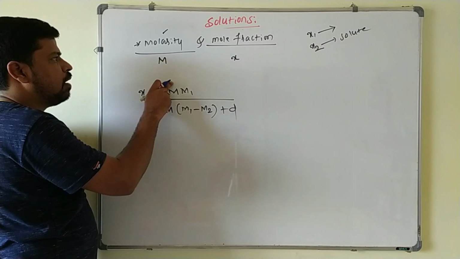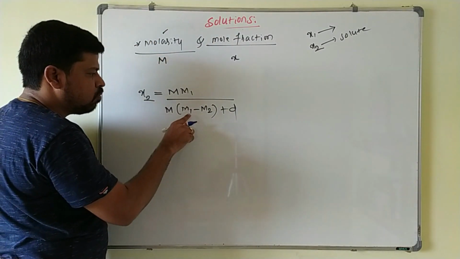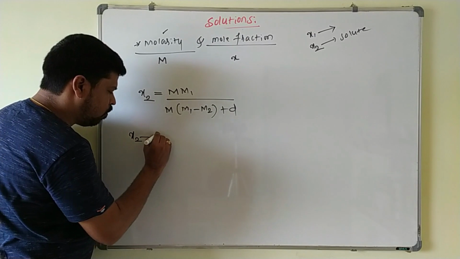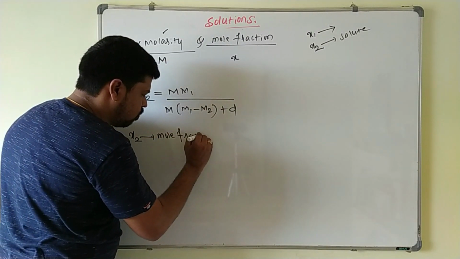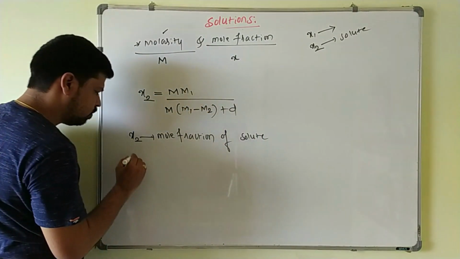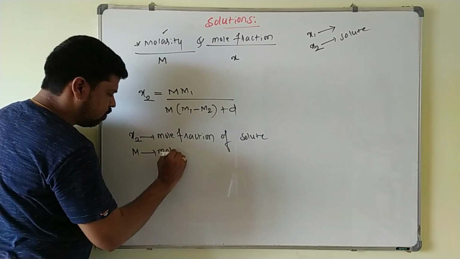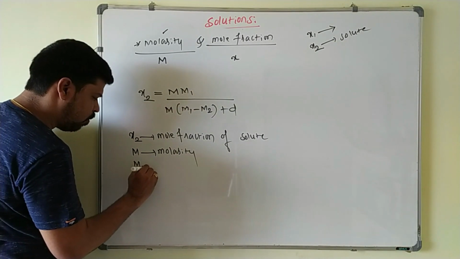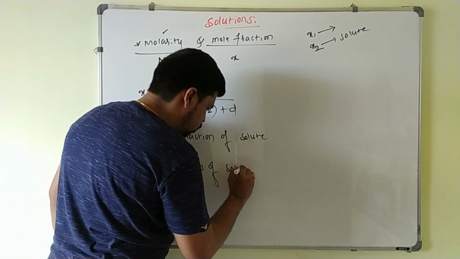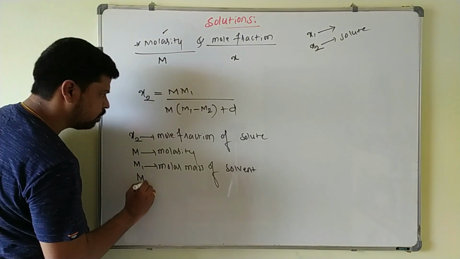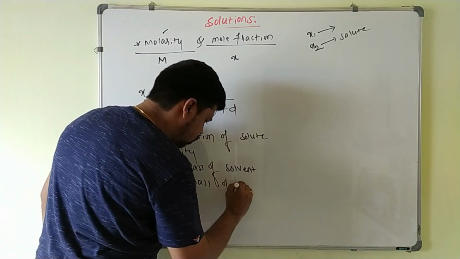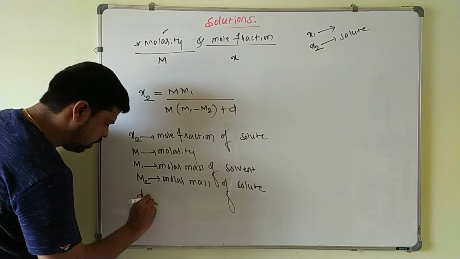Capital M is simply molarity, M1 is the molar mass of solvent, M2 is the molar mass of solute, and D is the density. X2 is the mole fraction of solute.